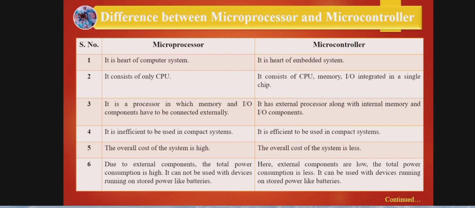Microprocessor is heart of computer system, whereas microcontroller is heart of embedded system. In microprocessor, memory and input-output components have to be connected externally, whereas microcontroller has external processor along with internal memory and input-output components.